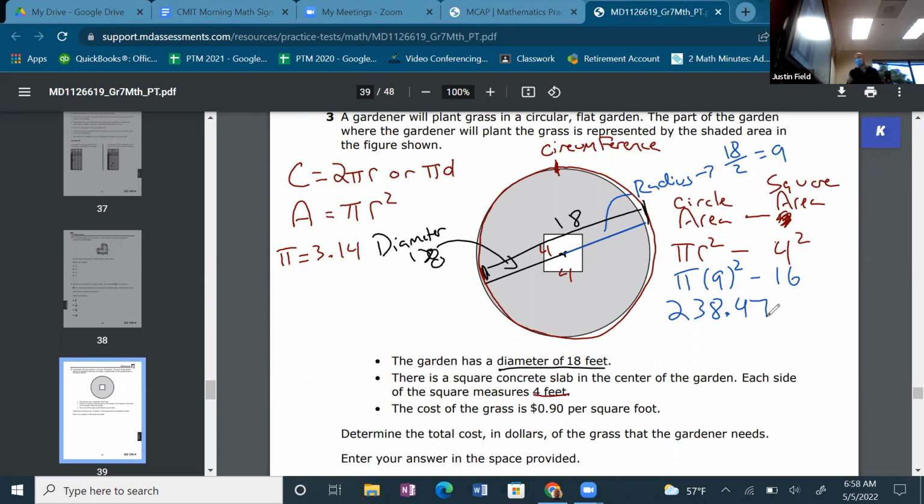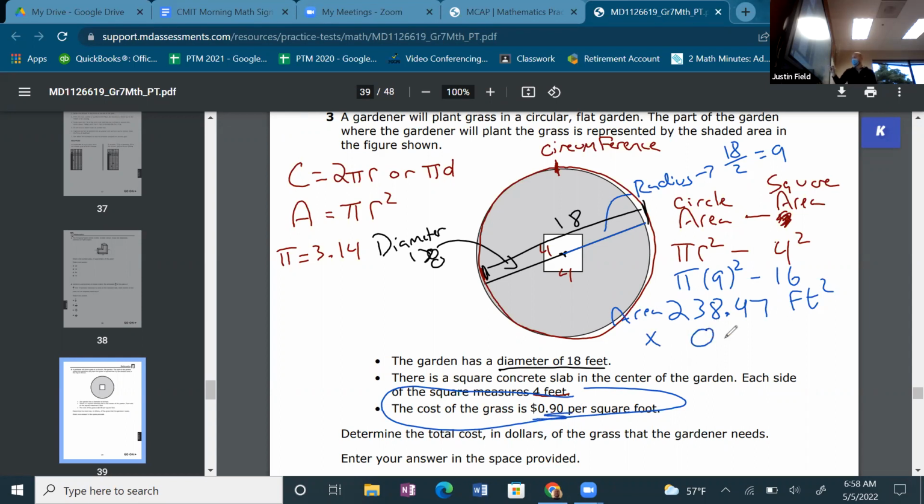Okay, so determine the total cost. This is the area of the space, and the cost of grass is 90 cents per square foot. So what do we have to do to the area of the space? In order to get the cost, we have to multiply it by our unit rate.